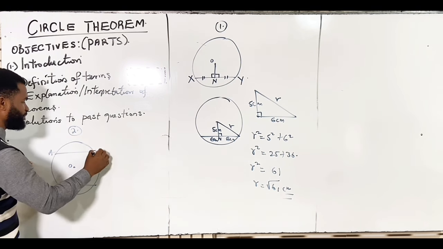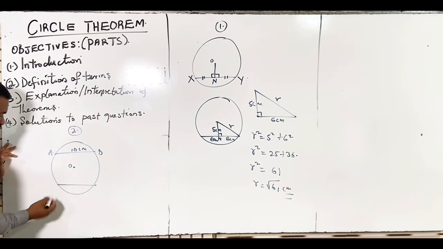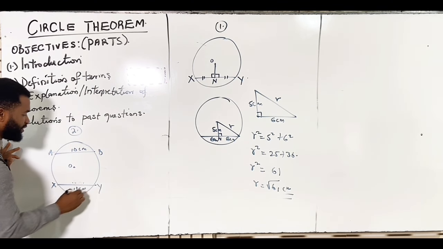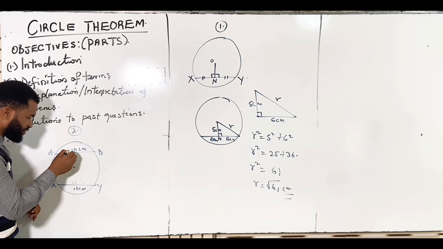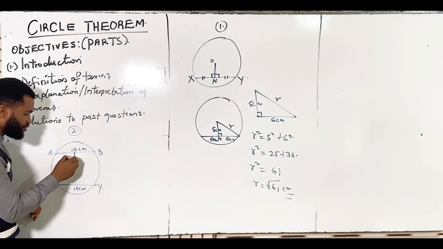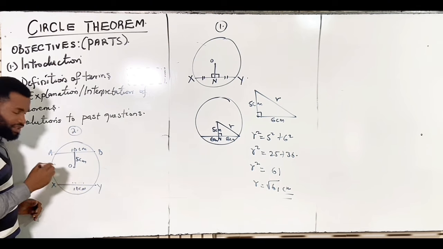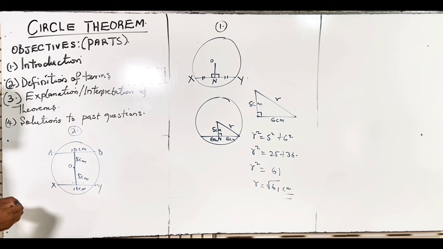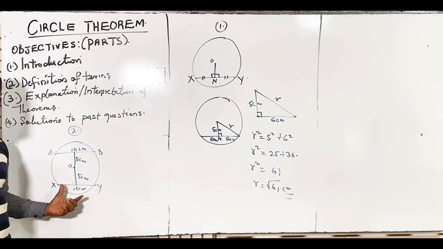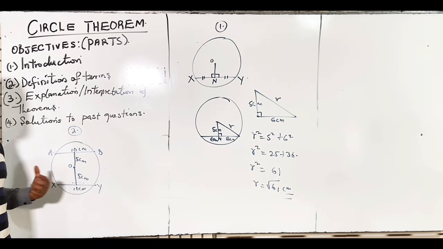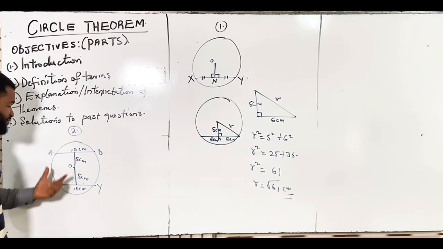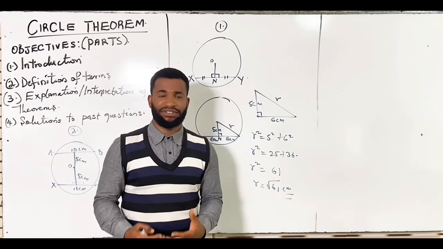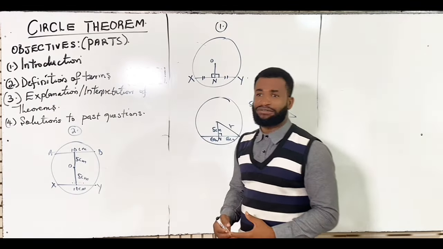If, let's say, AB is 10 cm, and XY is also 10 cm, it simply means that if the line from the center of the circle reaches this chord at 5 cm, then the line from the center will also reach this chord at 5 cm. We say that equal chords are equal distance from the center of the circle. Or sometimes they say equal chords are equidistant from the center of the circle.